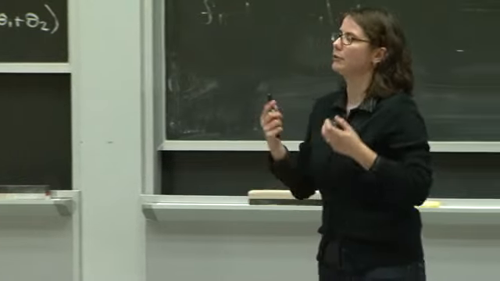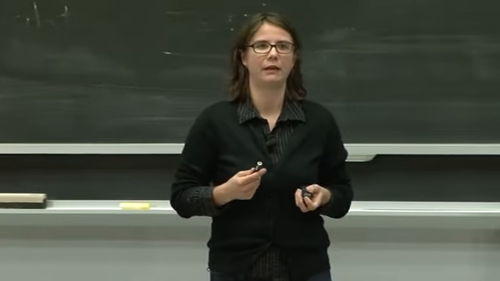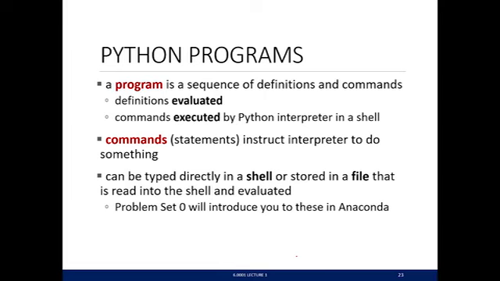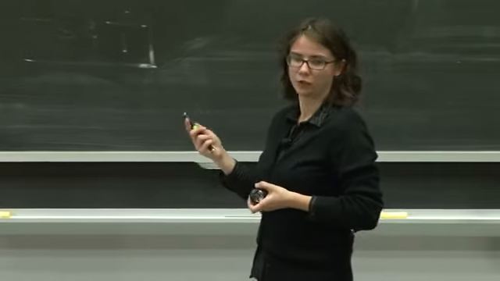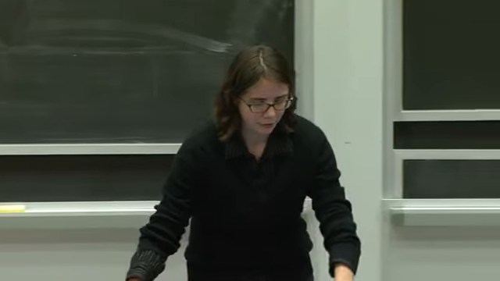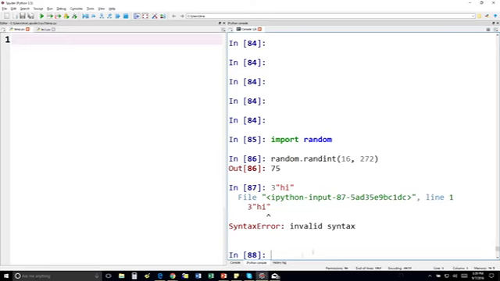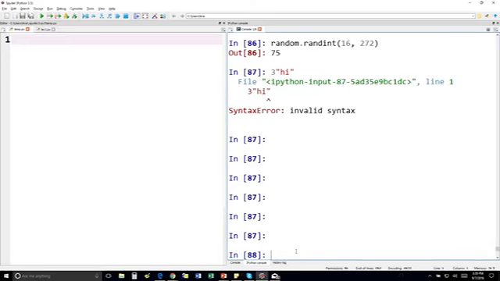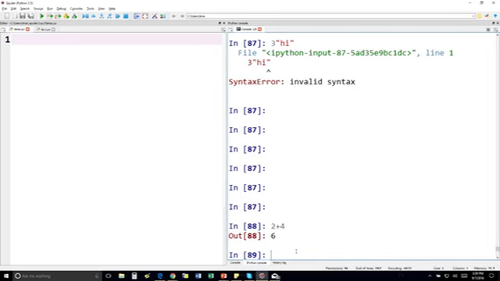Okay. So then Python programs are going to be sequences of definitions and commands. We're going to have expressions that are going to be evaluated, okay? And commands that tell the interpreter to do something. So if you've done problem set 0, you'll see that you can type commands directly in the shell, which is the part on the right where I did some really simple things, 2 + 4.